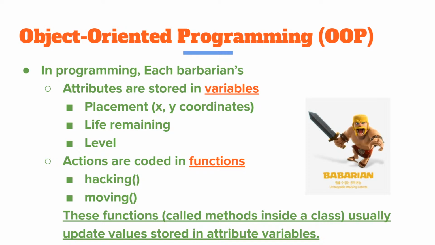Now next is going to be actions, right? Actions are not attributes, as they allow the barbarian to perform something. Although each level of barbarian may perform the action to a better or worse standard, each of these actions can be stored in a function.